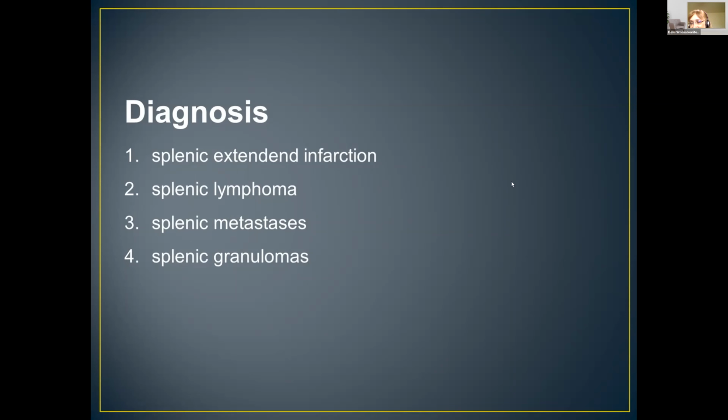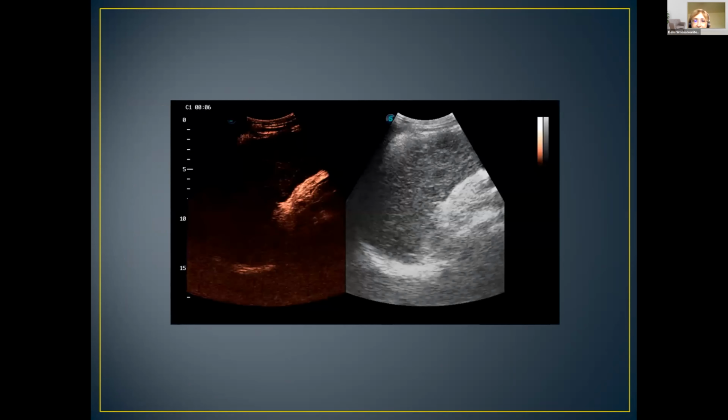Extended infarction. Let's see contrast-enhanced ultrasound.